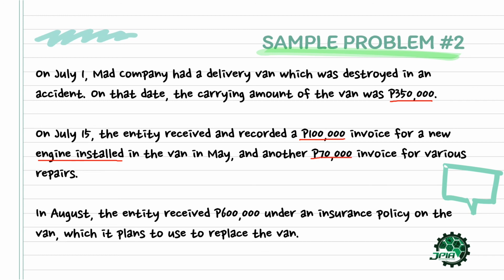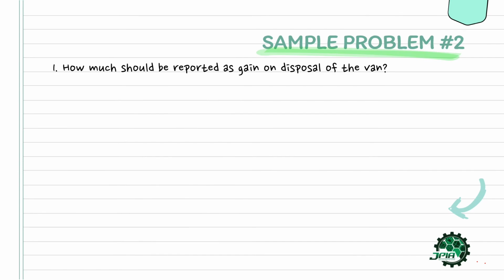In August, the entity received 600,000 pesos under an insurance policy on the van, which it plans to use to replace the van. How much should be reported as gain on disposal of the van?